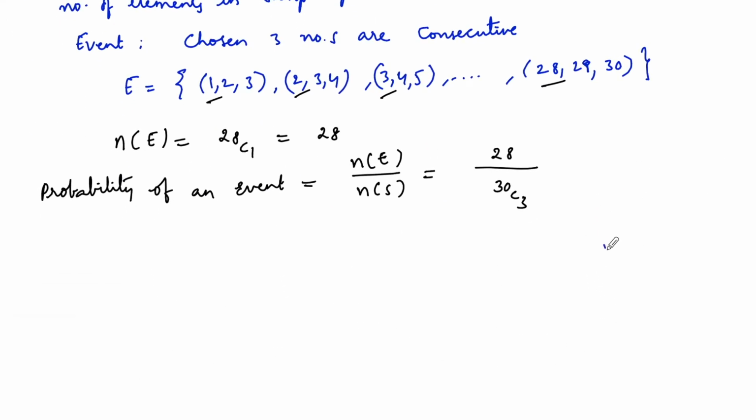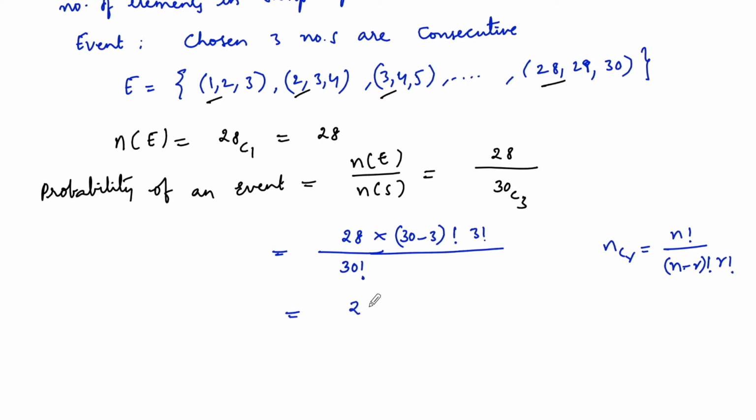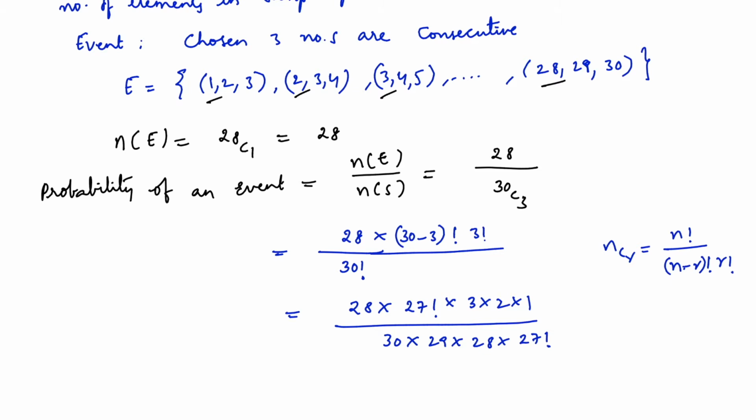Since we know that nCr is equal to n factorial by (n minus r) factorial into r factorial, we can write 28 divided by 30 factorial upon (30 minus 3) factorial into 3 factorial. So 28 into 27 factorial into 3 into 2 into 1, divided by 30 factorial, we can write 30 into 29 into 28 into 27 factorial. So we can cancel 27 factorial and 28 gets cancelled.